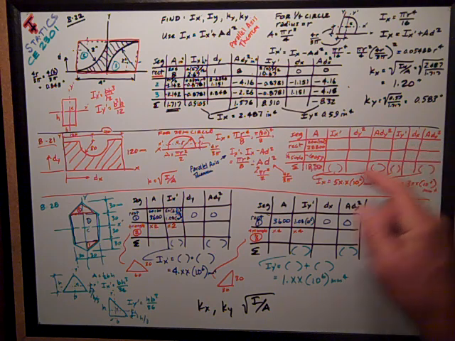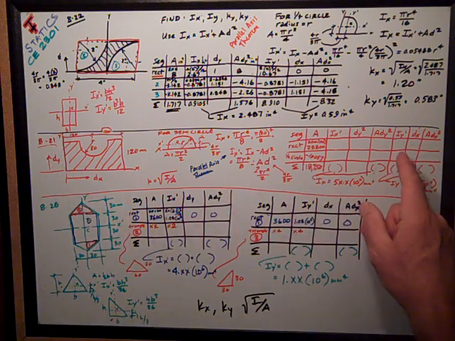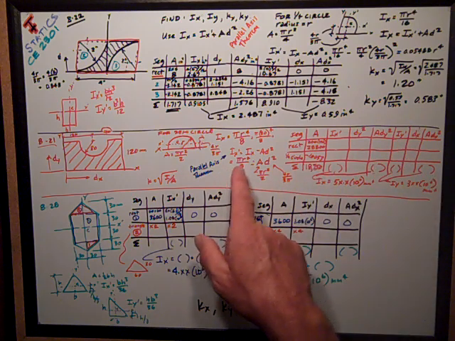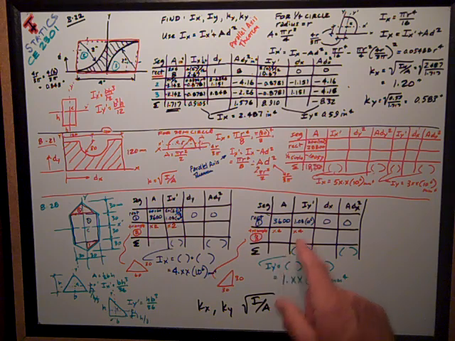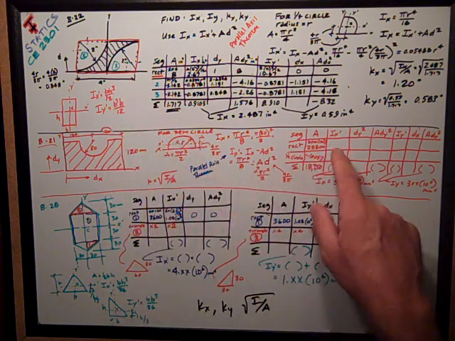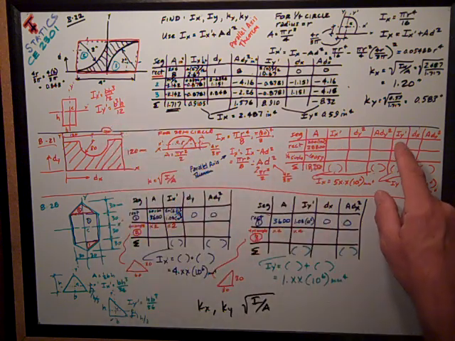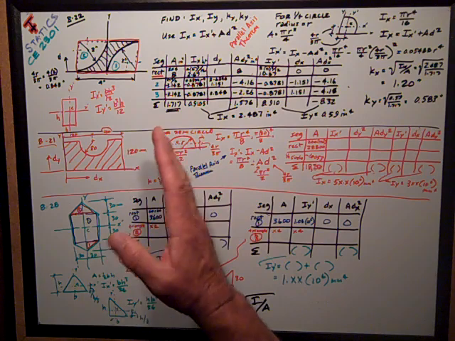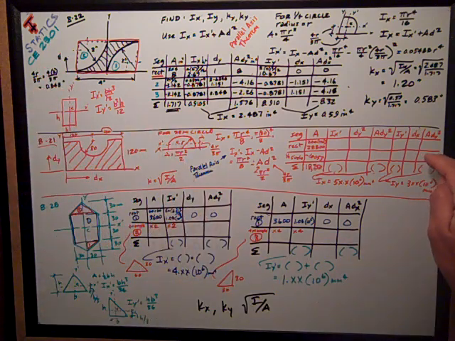Same thing for Iy. I'm taking moments about this y-axis. I've got Iy prime of a rectangle. I'm going to use this formula here, bh cubed over 12, which is what I used here. B cubed h over 12 for this Iy prime term, because I'm taking moments about its own centroidal y-axis.